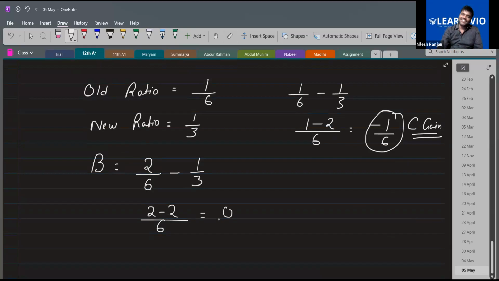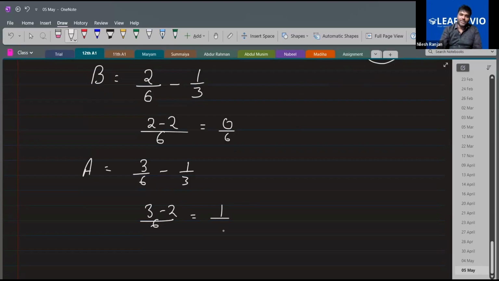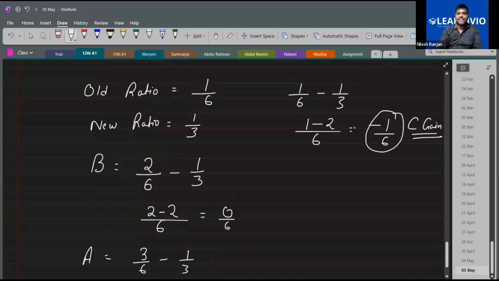There is no change in the share of B. B is neither benefited nor in loss. And the loss is to A only. 3 by 6 minus 1 by 3 will be 1 by 6. So A is losing 1 by 6 and C is gaining 1 by 6. Understood?